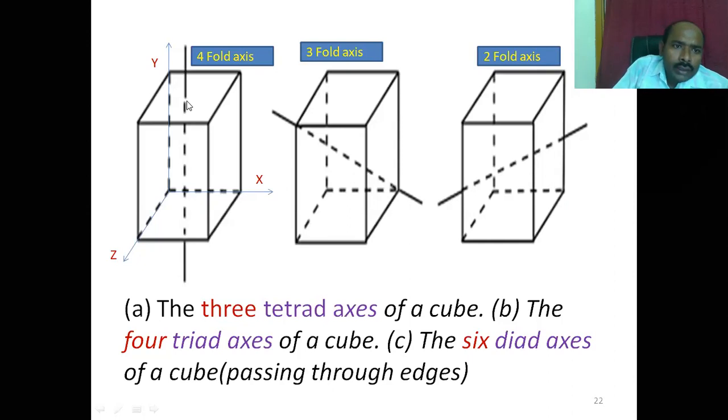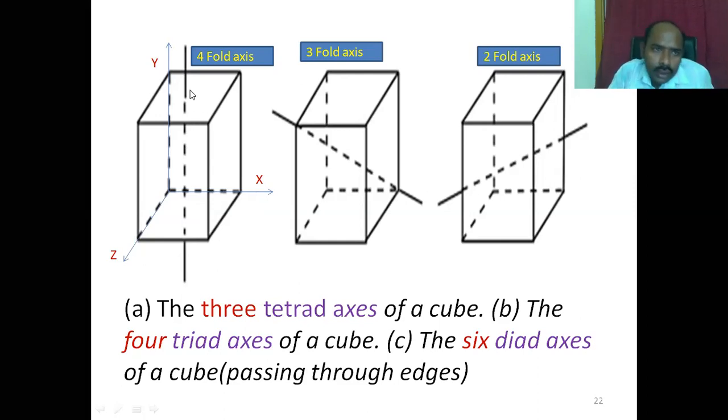Our interest now is to find out how many such axes there are. This axis passes through two opposite planes. One more is parallel to the y-axis, another is parallel to the z-axis, and another is parallel to the x-axis, so there are three such axes.